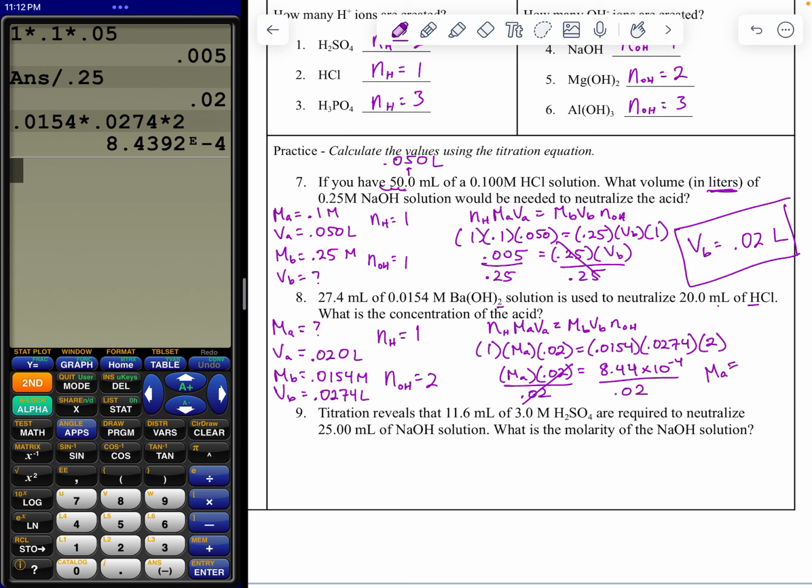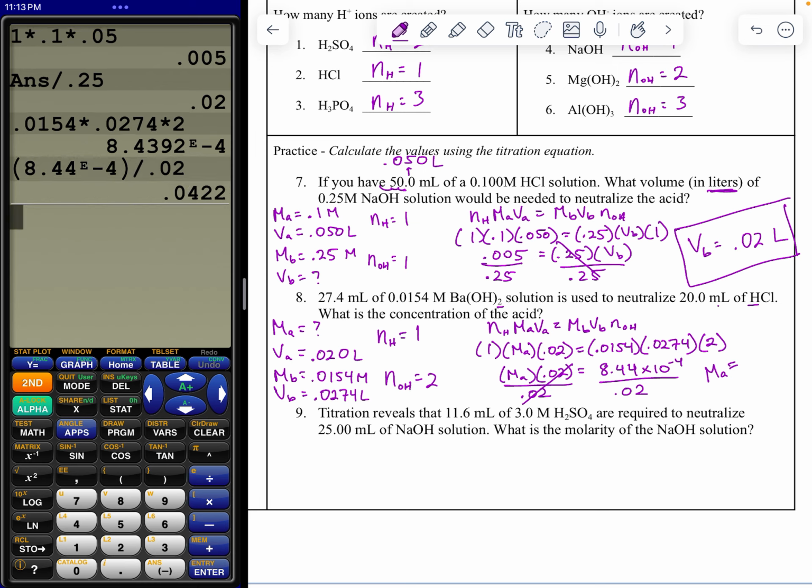And then we just take that value. So just to be sure that the calculator knows what I'm doing, I am going to take any scientific notation value and put it in parentheses, and then I'm going to divide it by the 0.02, and that's going to give me a molarity of my acid of about 0.0422.